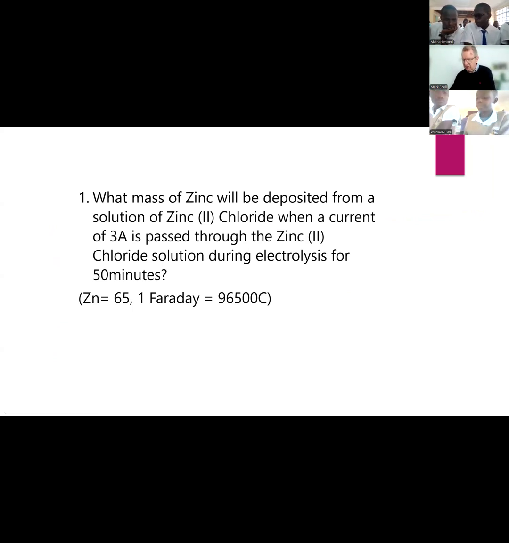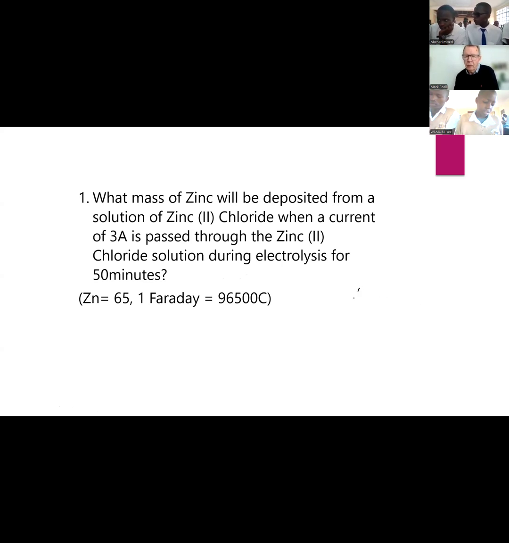I will do it in just a minute because we're getting close to the end of the lesson. So 3 amps, turn this into seconds. That will give us the number of coulombs. Then how many Faradays is that? And I'll tell you that the RAM of zinc is 65.